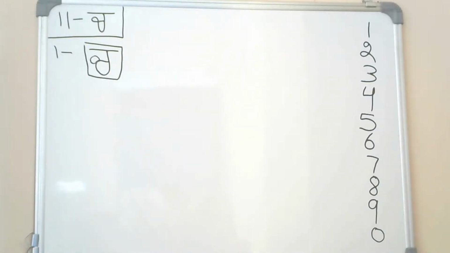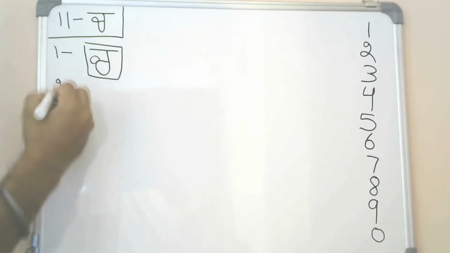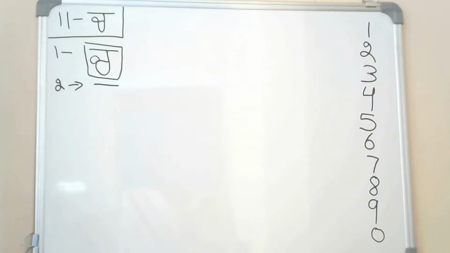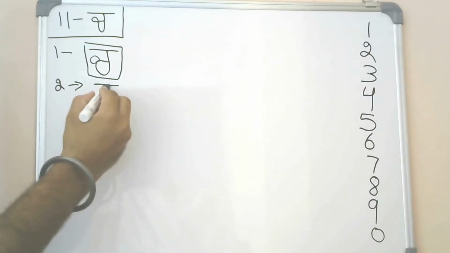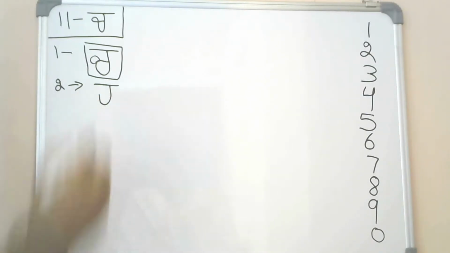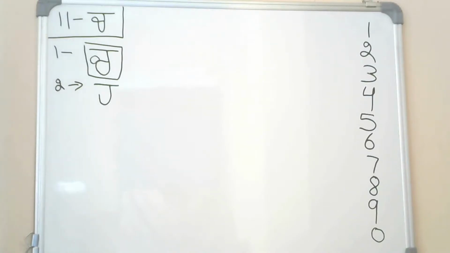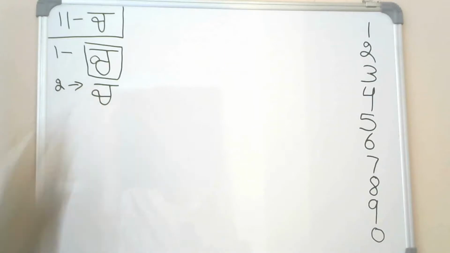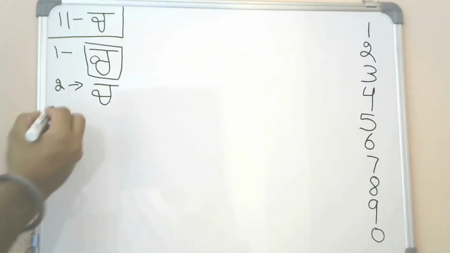The second way is, first a line, then I am going to have a J. After that, I will do like this. There is another way in which people write this letter.